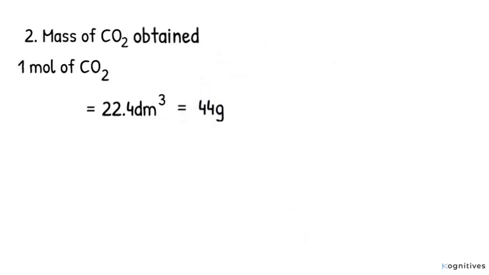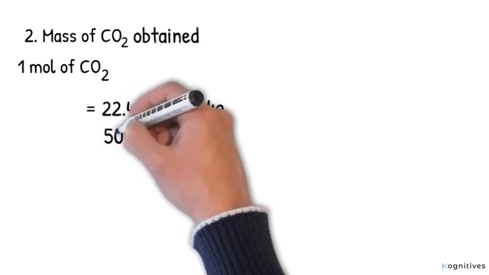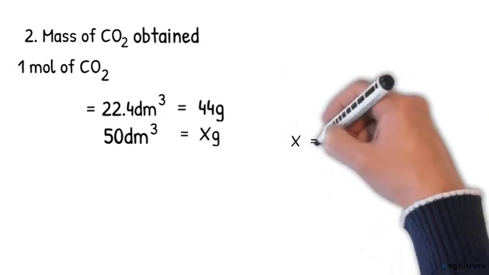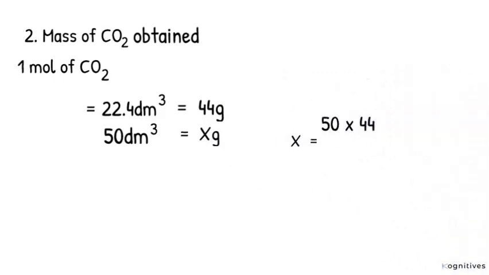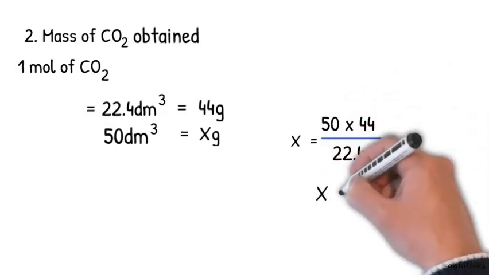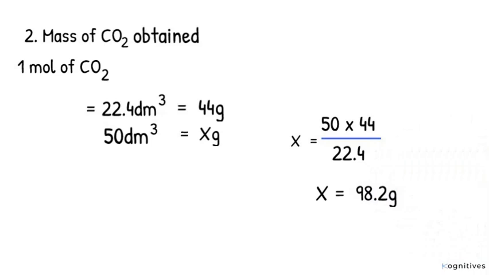Therefore, if 22.4 dm³ of CO2 is equivalent to 44 grams of CO2, 50 dm³ of CO2 will be equivalent to x grams of CO2. Cross multiplying, we have that x grams of CO2 is equal to 50 times 44 divided by 22.4, and this will give us 98.2 grams of CO2. So 98.2 grams of CO2 is the mass obtained at the end of the reaction.